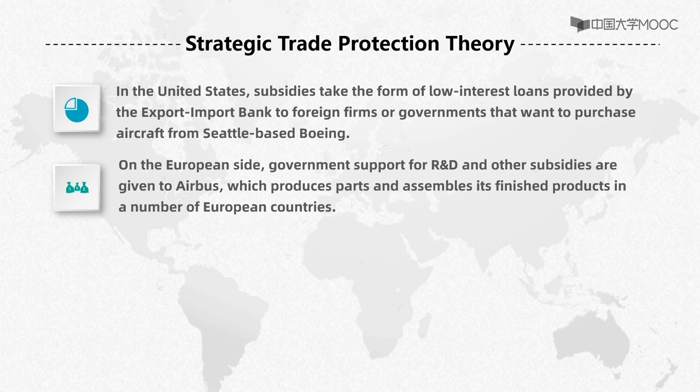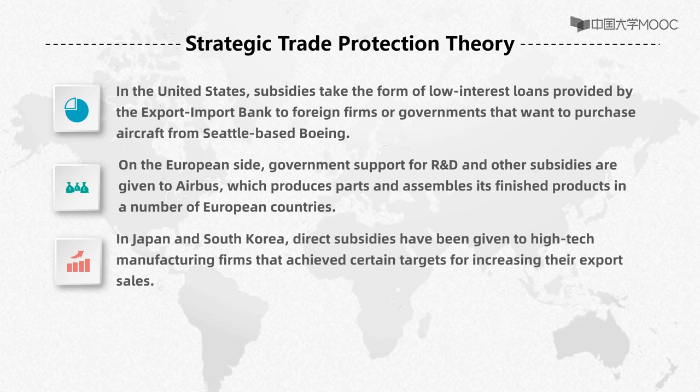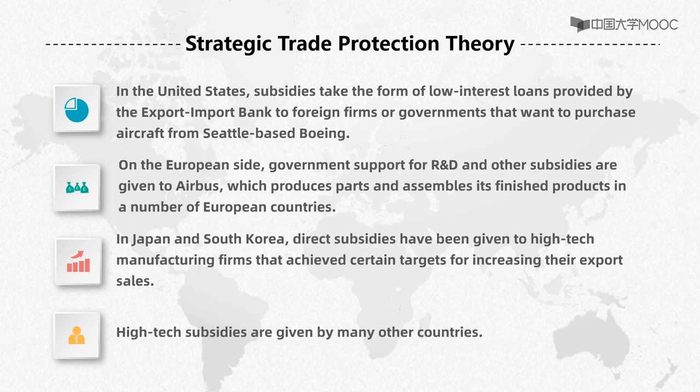its finished products. In a number of European countries, in Japan, and in South Korea, direct subsidies have been given to high-tech manufacturing firms that achieved a certain target for increasing their export sales. High-tech subsidies are given by many other countries too.